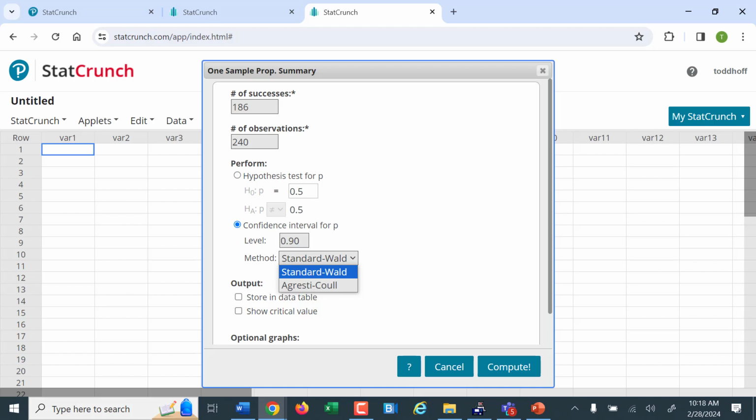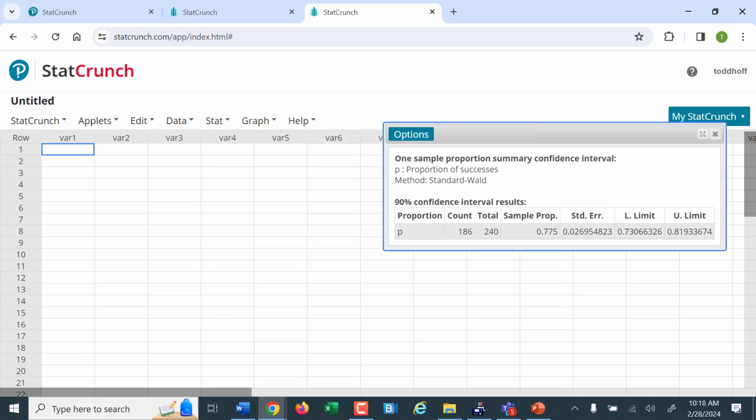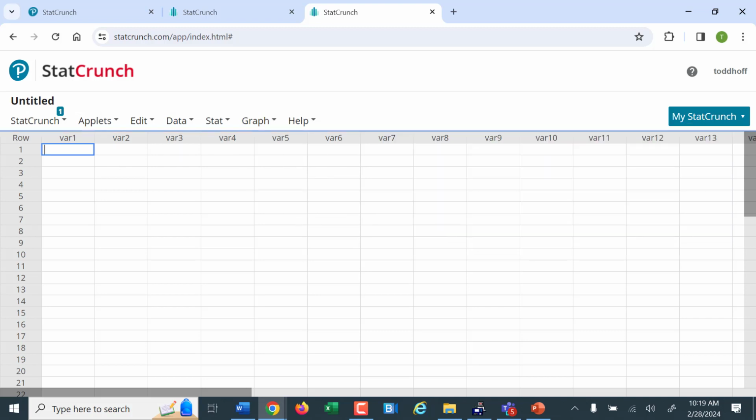We're not going to do the Agresti-Coull method at all. So we leave that set as just standard Wald. And we hit compute. And there's our interval right there. It goes from 0.7307, we're rounding at 4 decimal places there, to 0.8193. There is that confidence interval for a proportion.